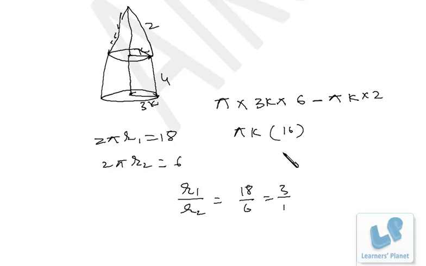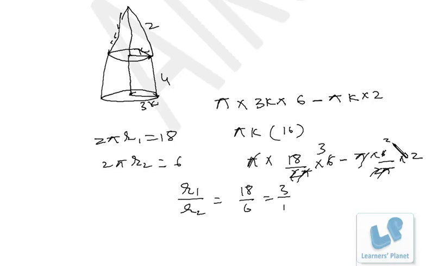Or precisely what we can do is pi into, instead of this radius we can put the value of r1, that is 18 by 2 pi, and this is 6 minus, this is pi, this is 6 by 2 pi, into 2. Okay. So that is 54 minus 6, 48 units. Whatever, if it is centimeter, then it is centimeter square.